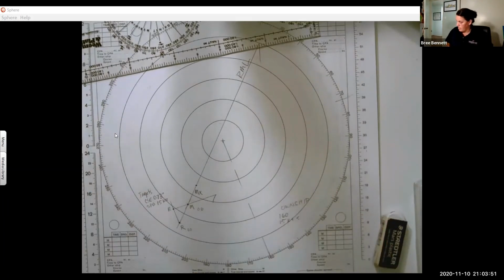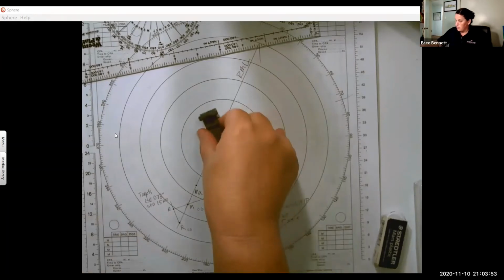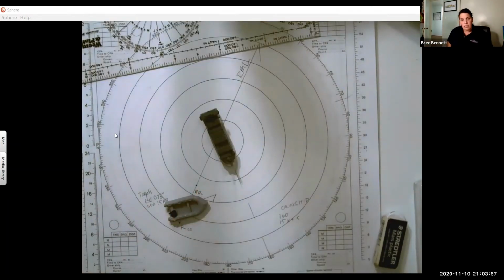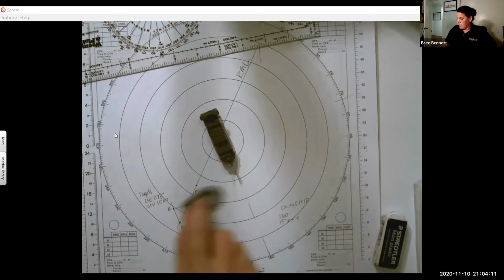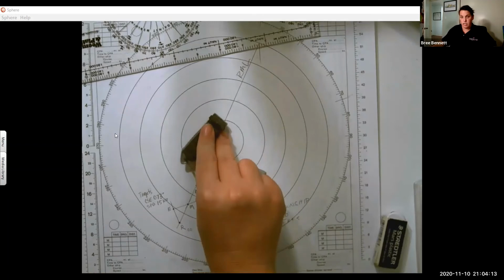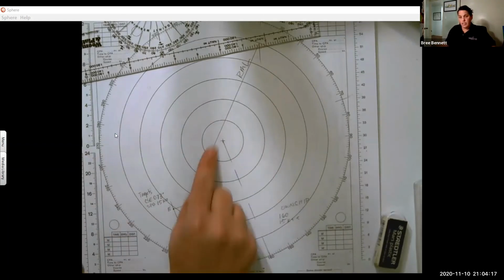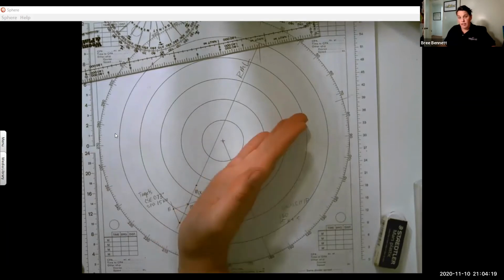And I forgot to do this before, but we'll put our votes on it. If we look at it, who has the right of way, who is give way? So they are stand on, we are give way. This is the vessel to starboard. So they get to stand on, and we're going to turn to starboard. So their relative motion line is going to pass in front of us.